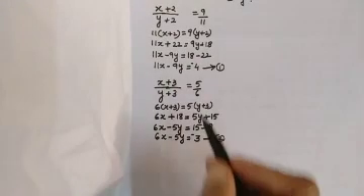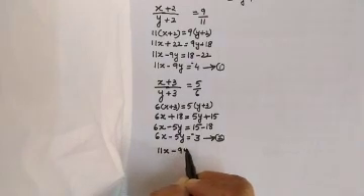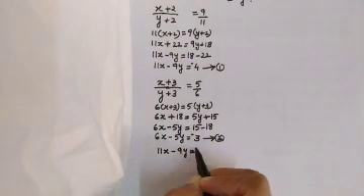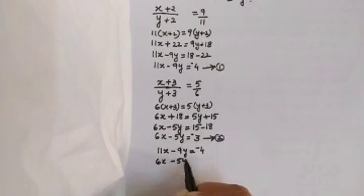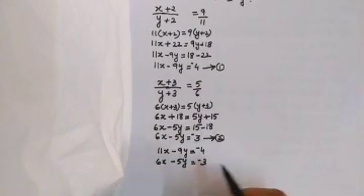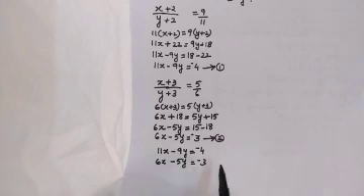Now to solve these equations, write one below the other. First equation is 11x minus 9y equal to minus 4. Second equation is 6x minus 5y equal to minus 3. See here, the coefficients of x are not equal. Coefficients of y also, they are not equal.